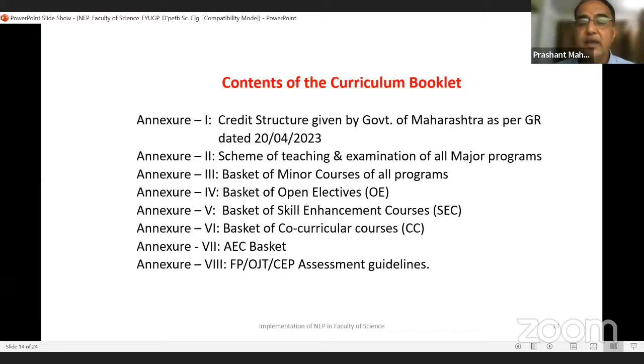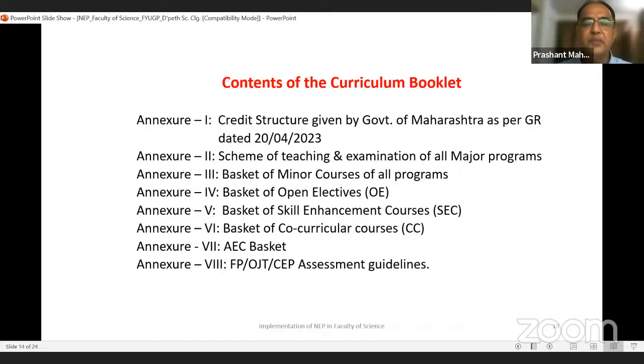That is not at the common platform, which otherwise should be there. If a student of science has to see, then he should get everything there in the basket of the science, maybe faculty wise. First he will get faculty of science, then commerce and management, then humanities, and then interdisciplinary.